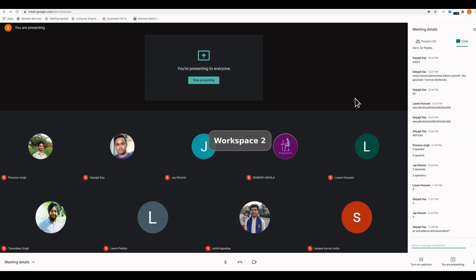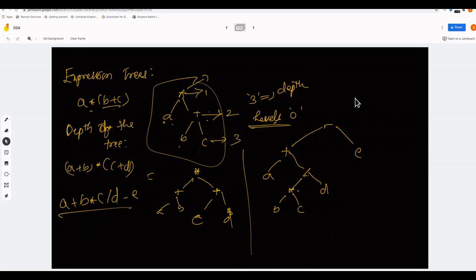Precedence and associativity, exactly. We can talk about that. Precedence and associativity matter. In general, star and slash happen from left to right, because B star C happens first, then slash D. At least I checked on the Java compiler, but I'm not sure if that is a standard.